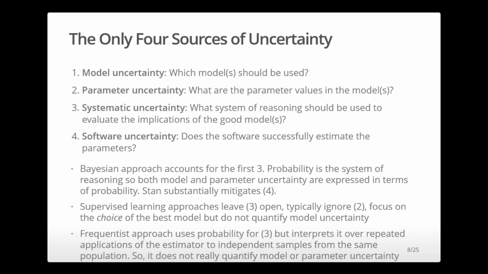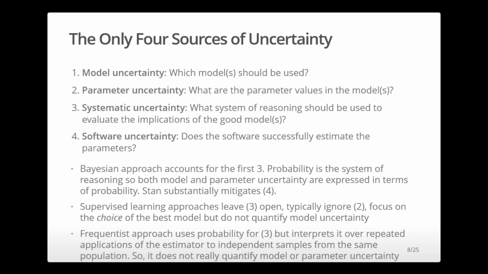What are the parameter values in the models that you think are candidates for understanding a particular data generating process? Third source of uncertainty is what I call systematic uncertainty. What system of reasoning should be used to evaluate the implications of the models, or at least the subset of models that turn out to be good?